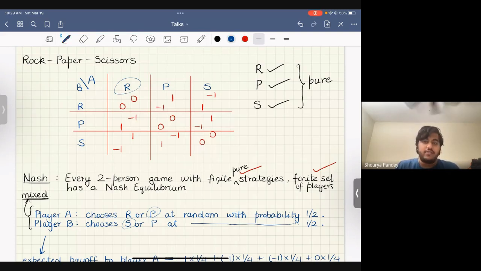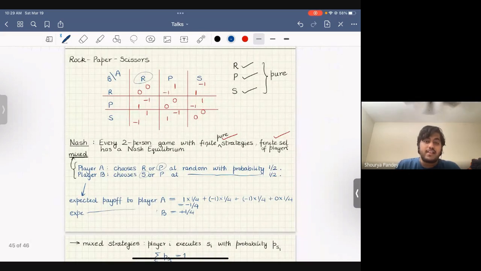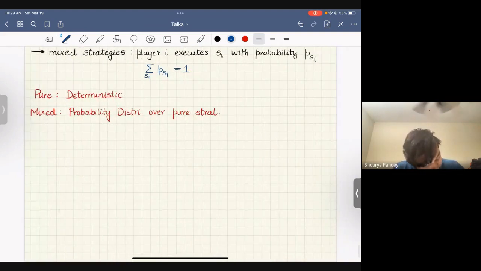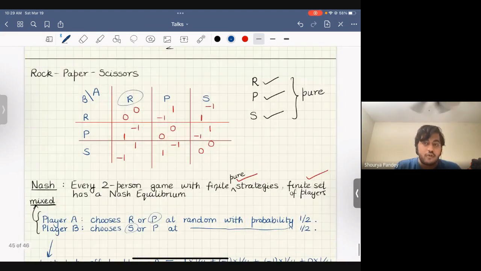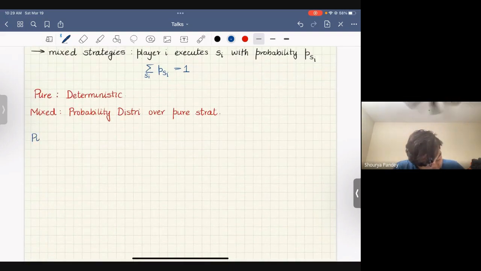If you're playing this over and over, that's also an allowed strategy. But that's still pure, right? Because it's deterministic. Let's say I play rock paper scissors multiple times. Then this is also a pure strategy: do RPS, RPS, RPS, etc.